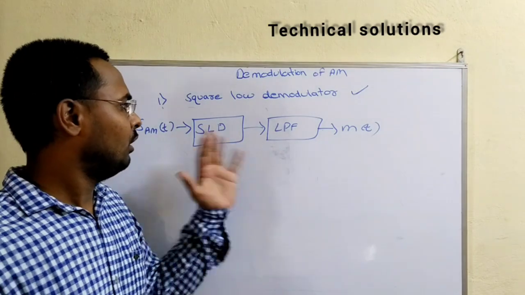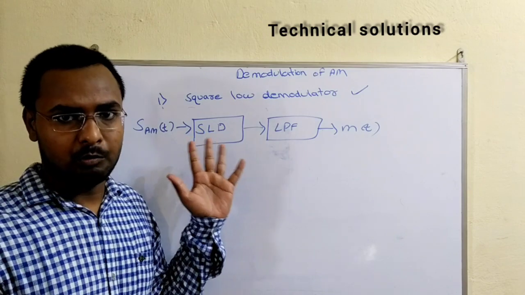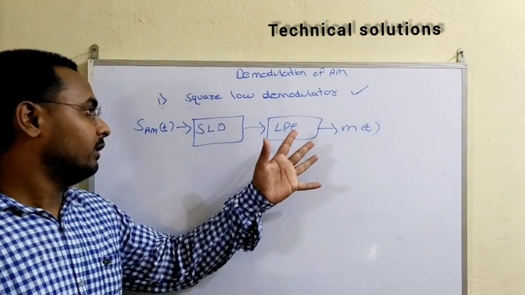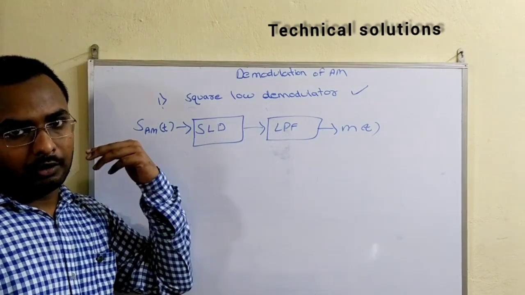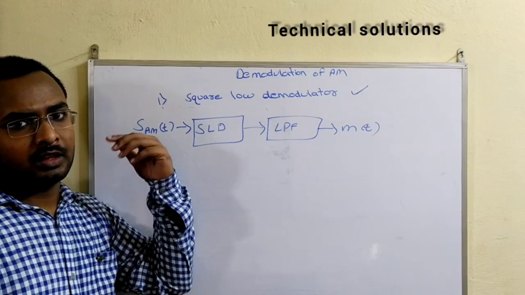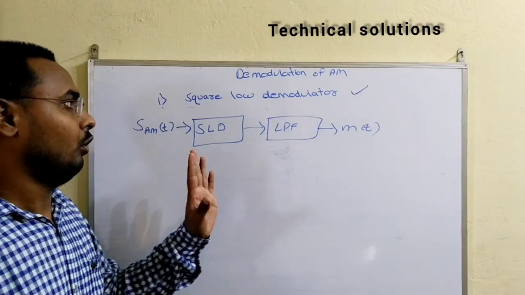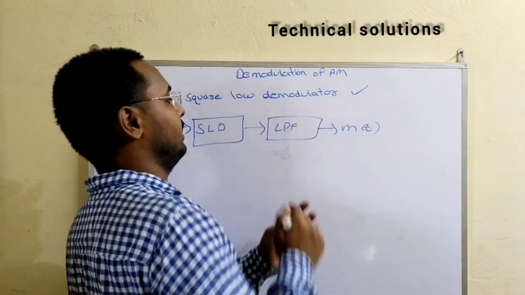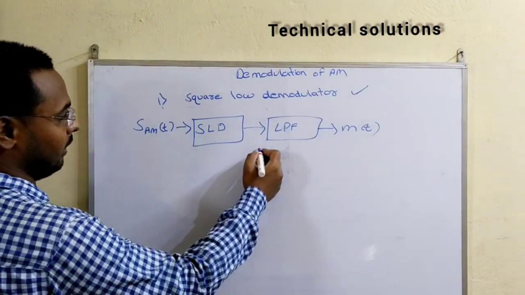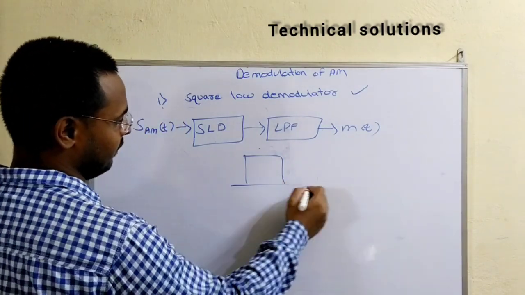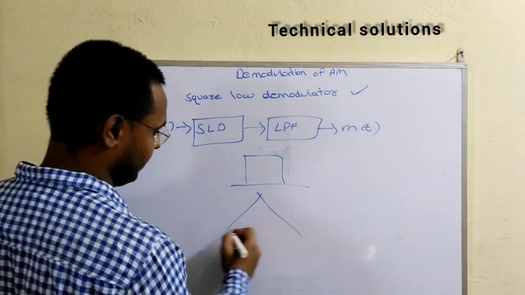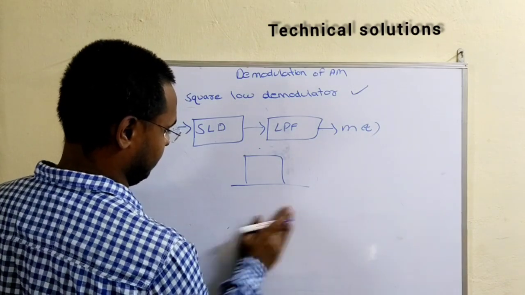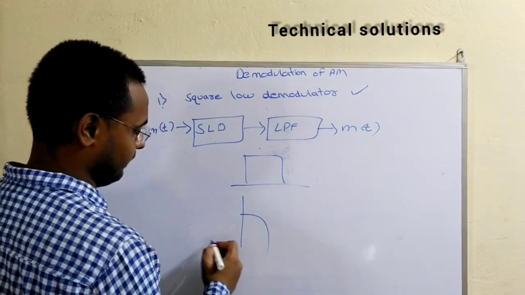The working principle of this device is the same as the square law modulator, except here we use a low pass filter where there we used a band pass filter. All the process is reversed. A band pass filter allows some limited range of frequency. Here this is a low pass filter.